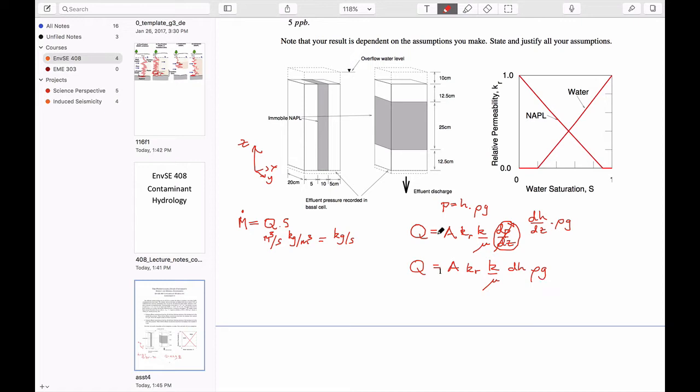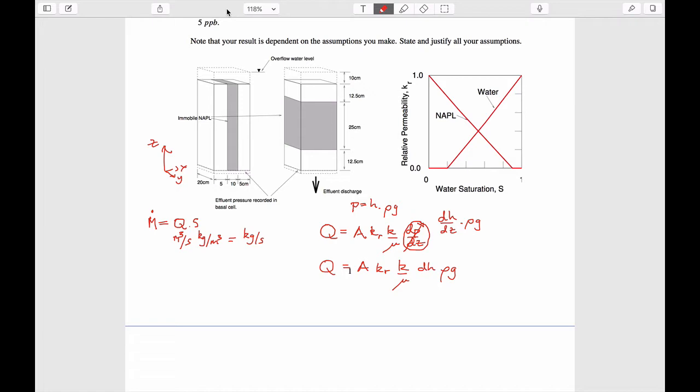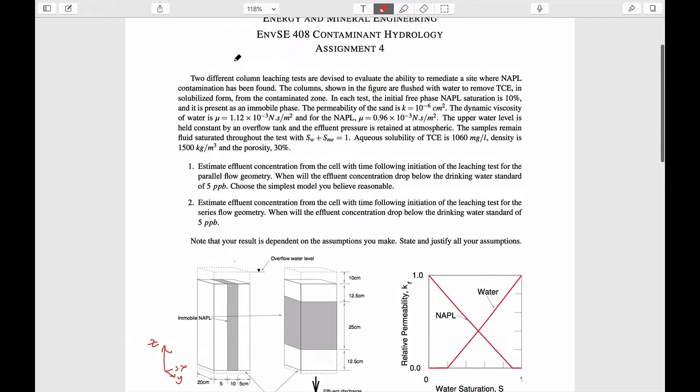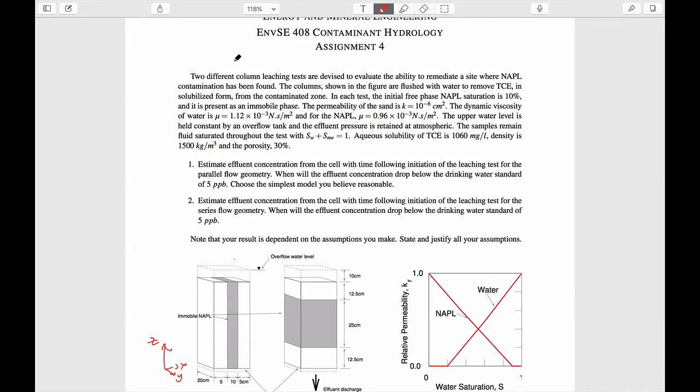And so if I go back to here, I won't bore you with exactly what you're given. You're given a permeability of the sand, so you know the permeability. You're probably given a viscosity of water, which is this. You know the density of water.